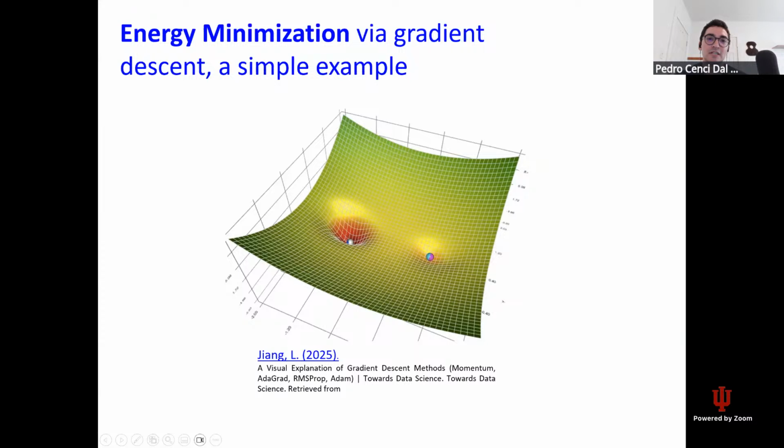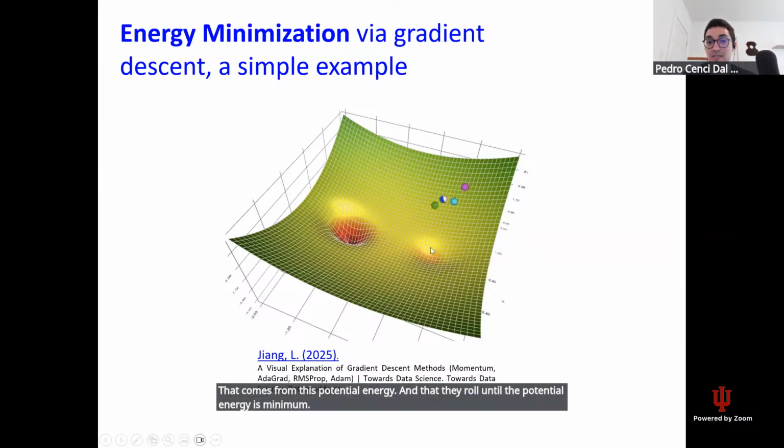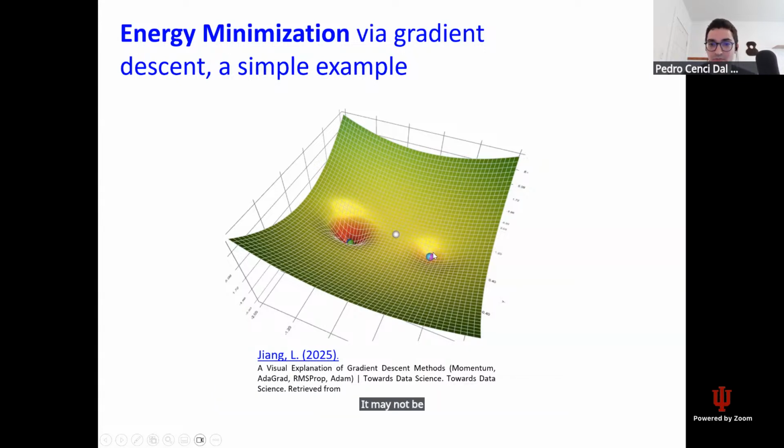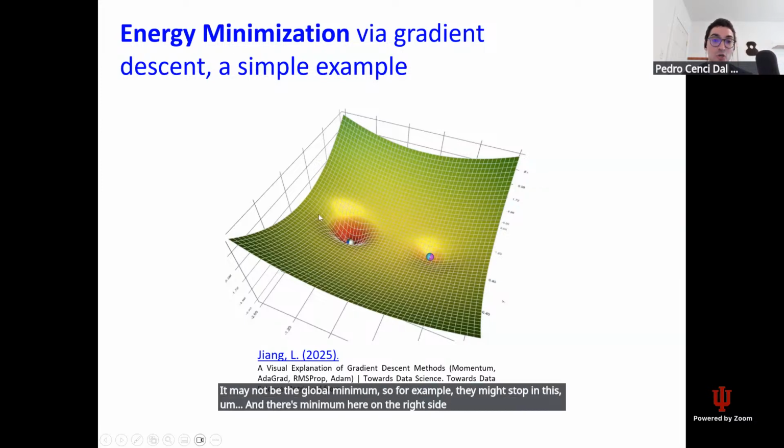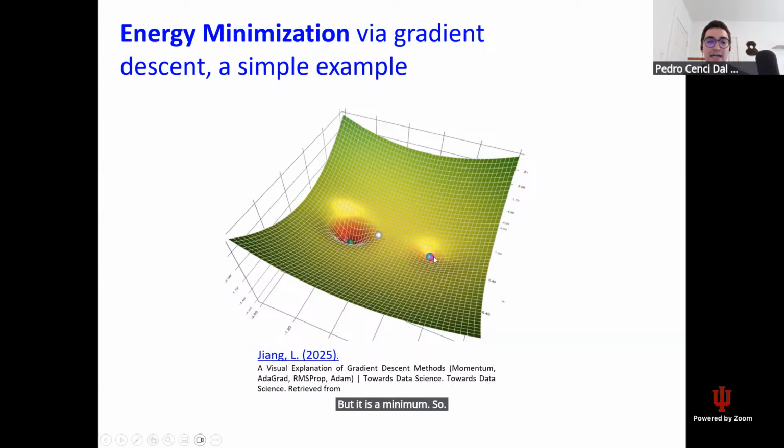And then they roll until the potential energy is minimum. It may not be the global minimum. So for example, they might stop in this minimum here on the right side, which is not the global minimum, but it is a minimum. If they find themselves in a minimum, they stop moving. This is gradient descent, which we use in the lattice.